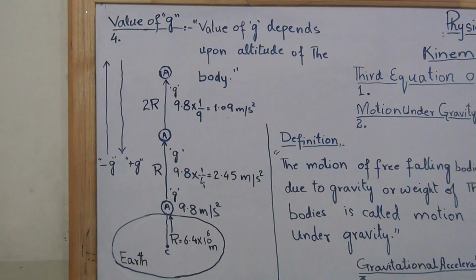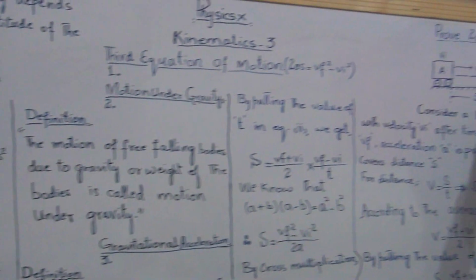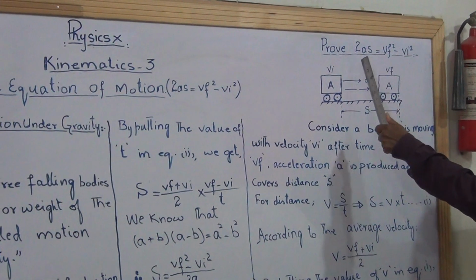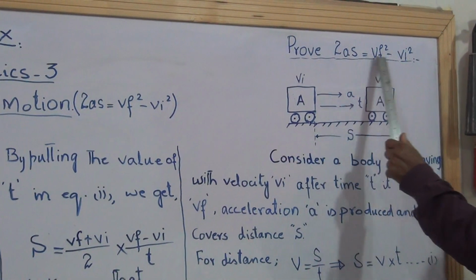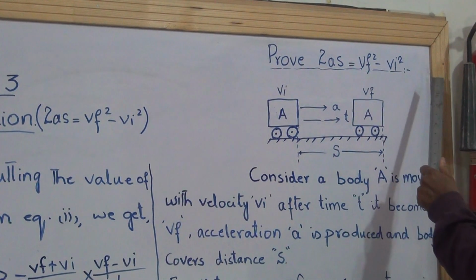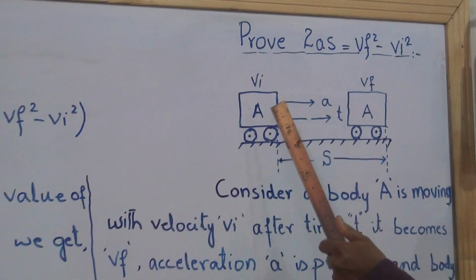Likewise, the question is: prove 2As is equal to Vf square minus Vi square, or prove the third equation of motion. You must learn that this is the third equation of motion. Now we draw the diagram.